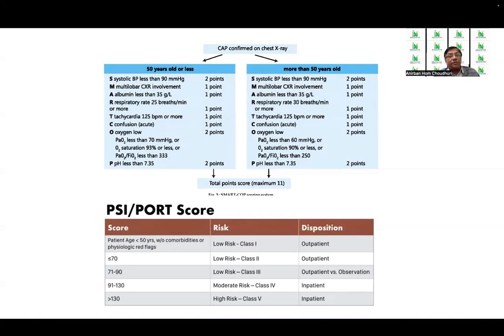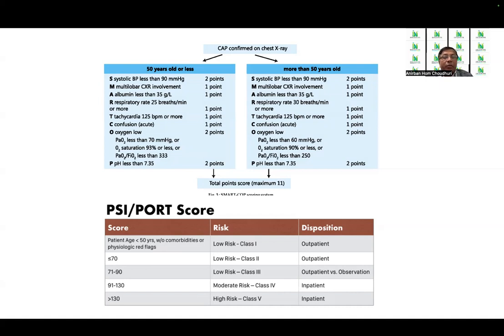It is almost similar with multilobar chest X-ray involvement, albumin less than 3.5, and respiratory rate of more than 25 in patients 50 years or younger, and more than 30 in patients older than 50 years. Tachycardia is similar, that is 125 or more. Confusion is also given 1 point.